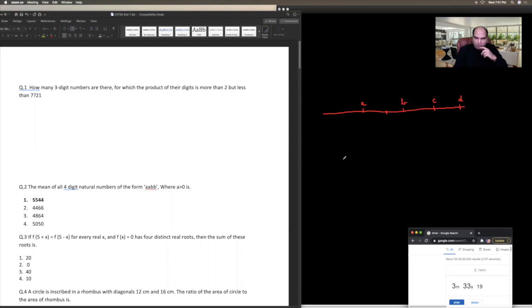So f(a) is 0, f(b) is 0, f(c) is 0, f(d) is 0. These roots: a plus b plus c plus d.